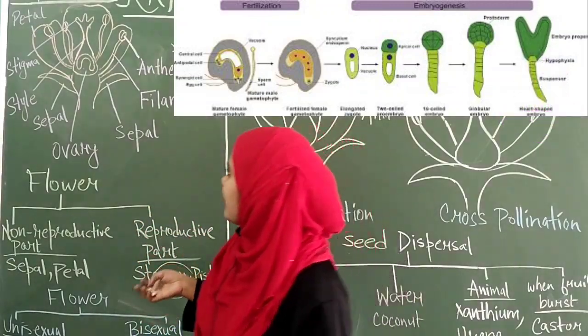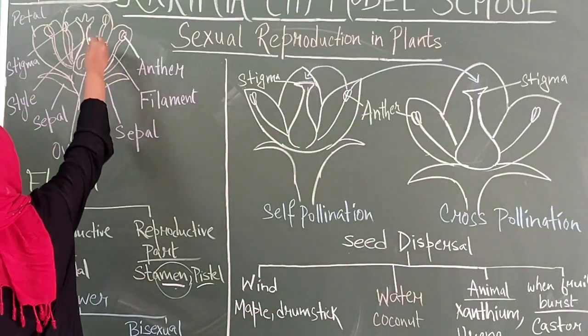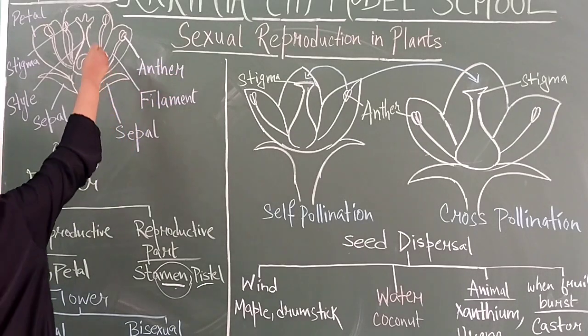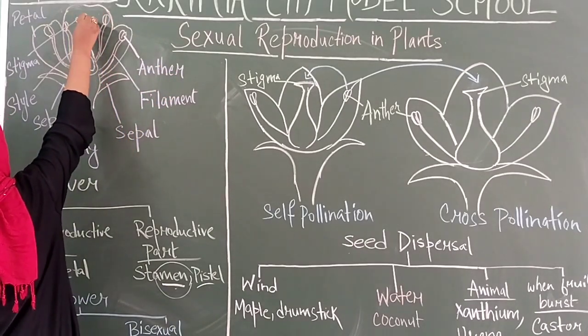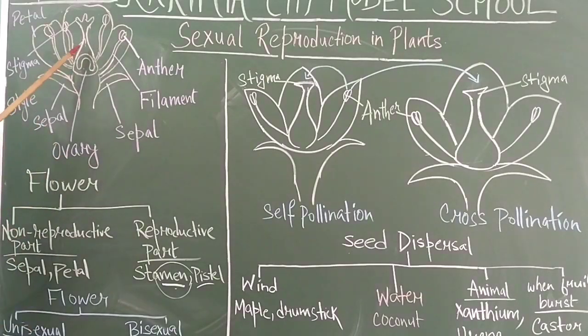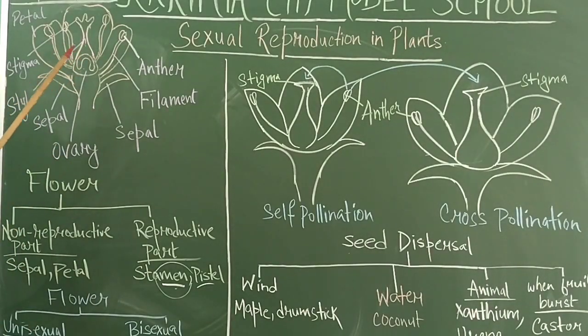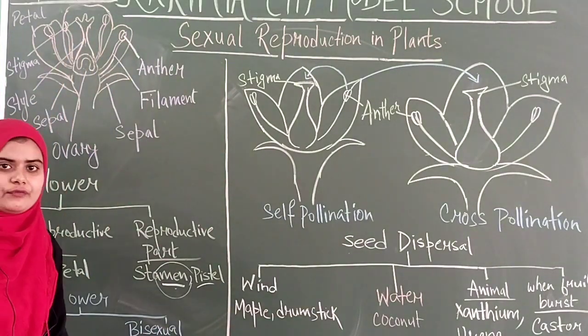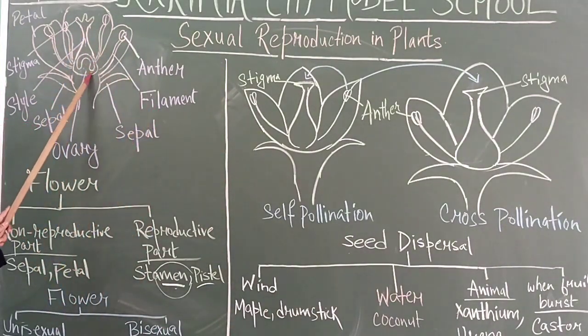Okay, when the male part, the pollen grain, comes here, it will come to the style. After coming to the style, it will come into the ovary and there it will produce a zygote. And the zygote will then turn into an embryo, and after that into a fruit.